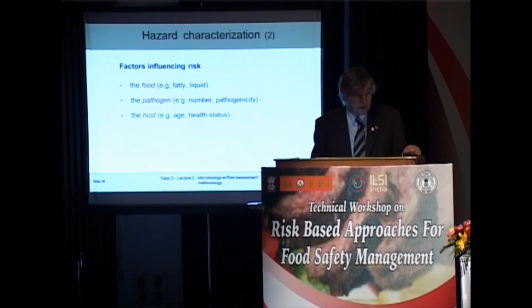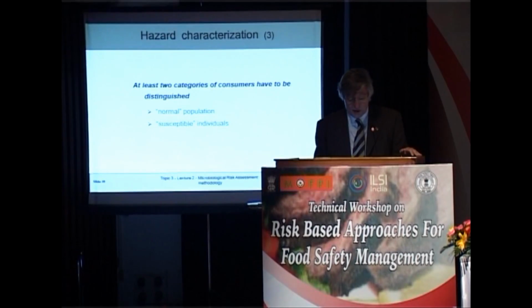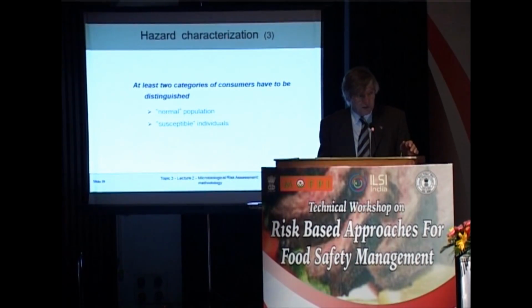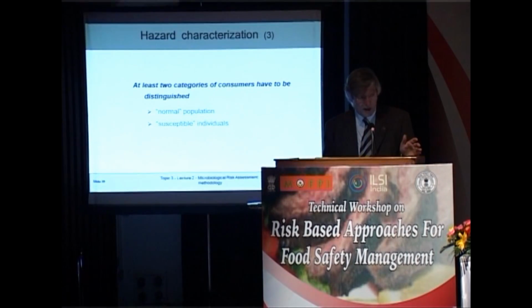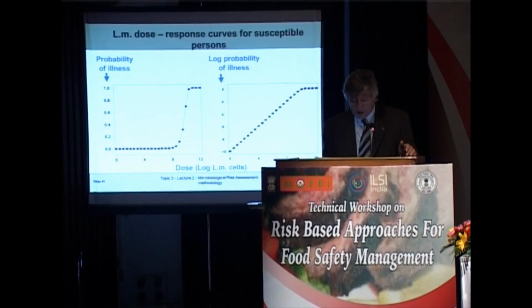The host, as Kieran also mentioned: you have different vulnerabilities in hosts due to age and health status. You could very roughly say that you have the generally healthy normal population, and next to that several different possibly susceptible individuals. Sometimes very young, very old can differ. Pregnancy can have an impact on susceptibility.